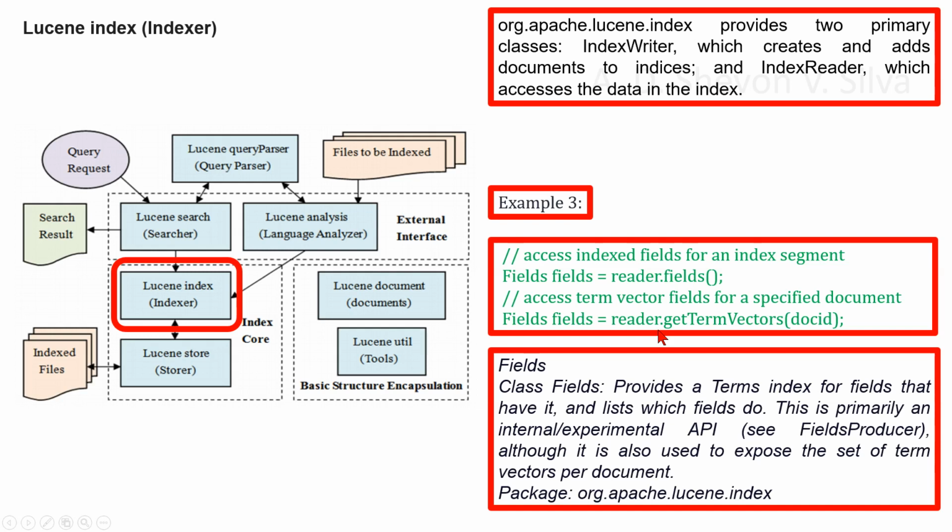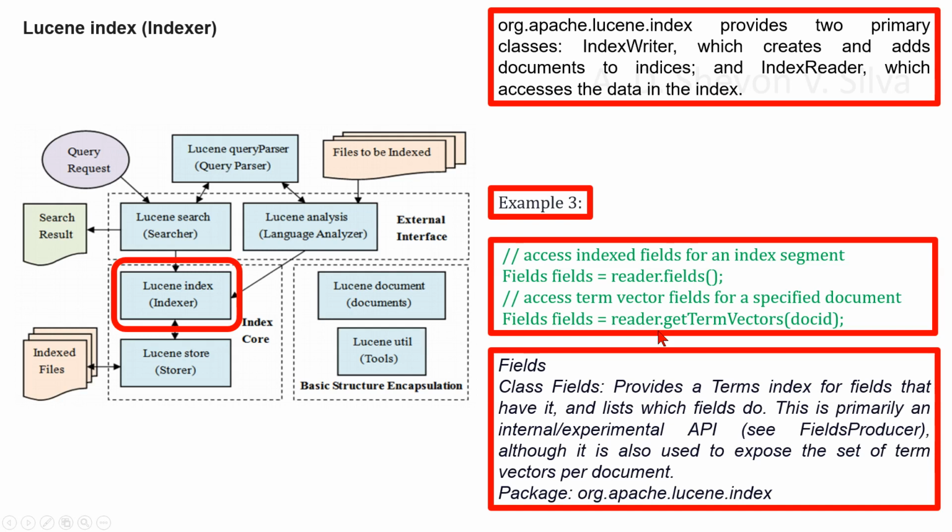When you need to reopen to see any changes in the index, it's best to use DirectoryReader.openIfChanged, since a new reader will share resources with the previous one when possible. Search of an index is done entirely through its abstract interface, so that any class which implements it is searchable.